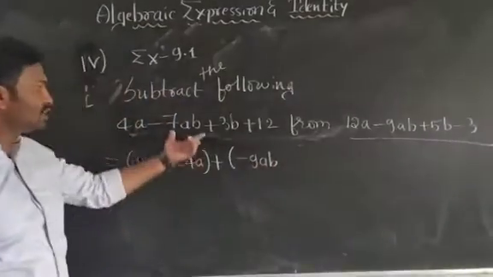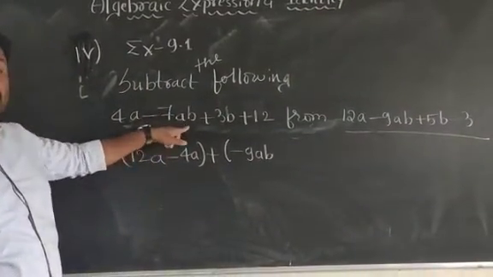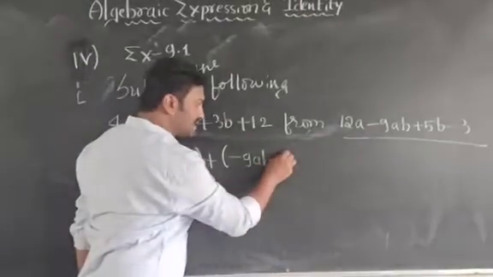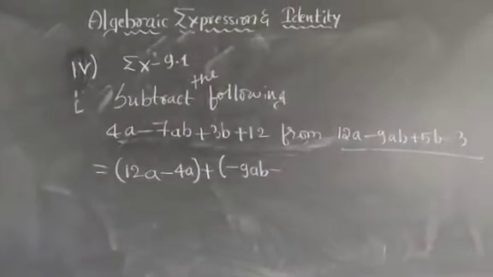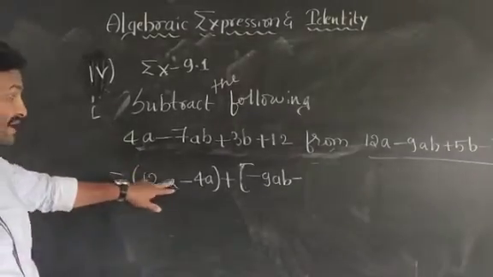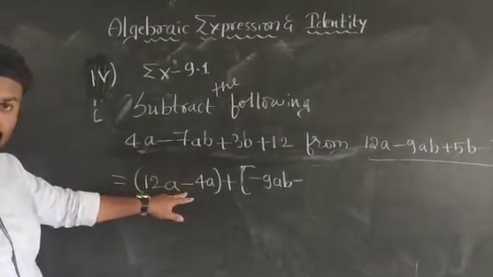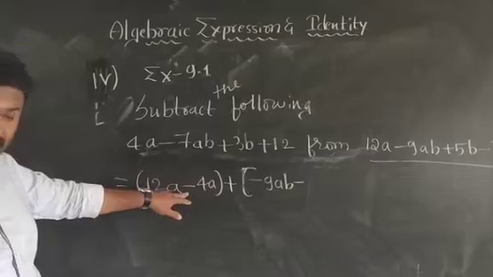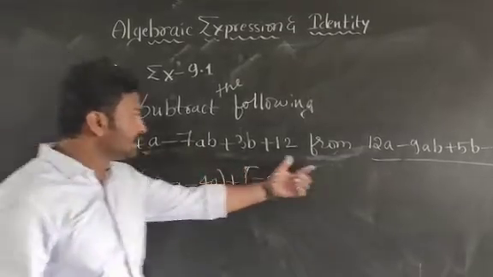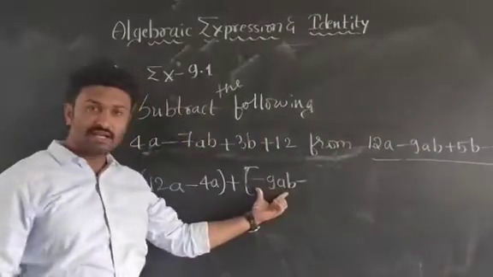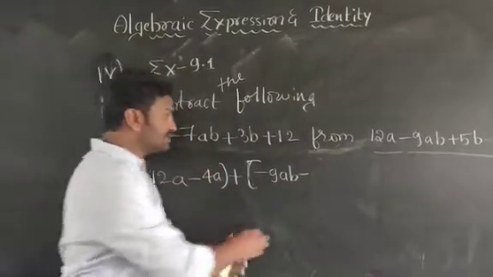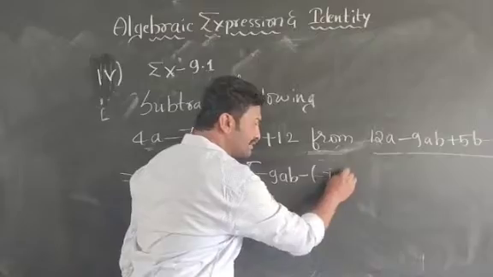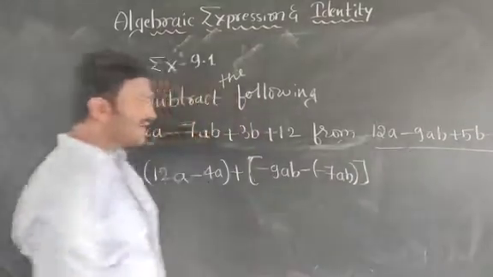Here ab terms are there; this is minus 7ab, subtraction.